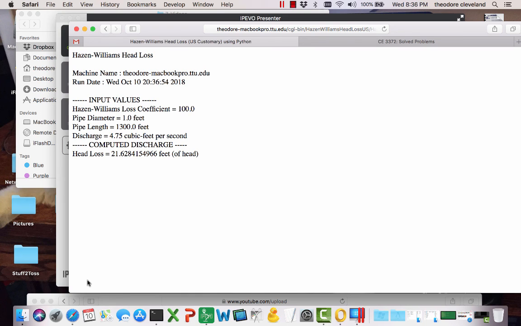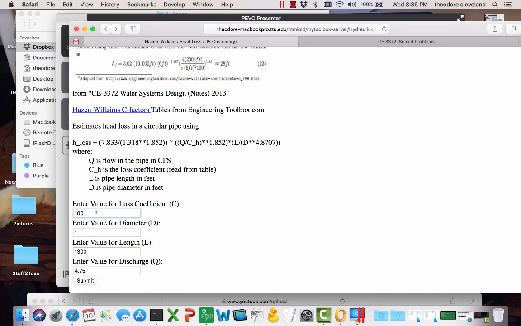If we sum all those, we get 7.67 is our flow rate. And so now we're going to apply the 7.67 through this length of pipe, and we should get the same head loss. So our loss coefficient is now 100. Our diameter is 1. Our new length is 535.03 because we're so good.